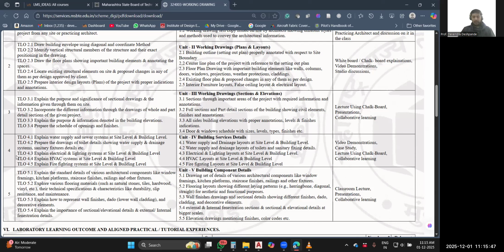Okay, so we are going to mention and develop the annotations for various finishes to be executed on site for the facades. What are the color schemes and so on. So this is how the entire subject or the course talks about how to give instructions to the contractor so that he can undertake the work of constructing that building in the way the designer wants.